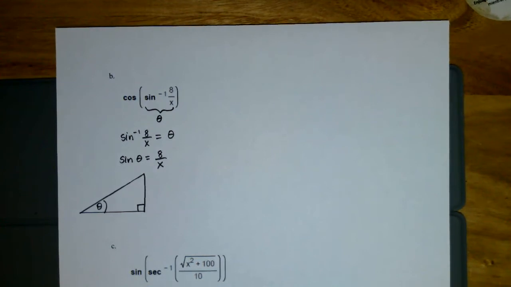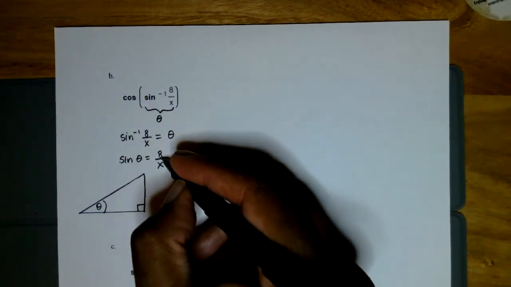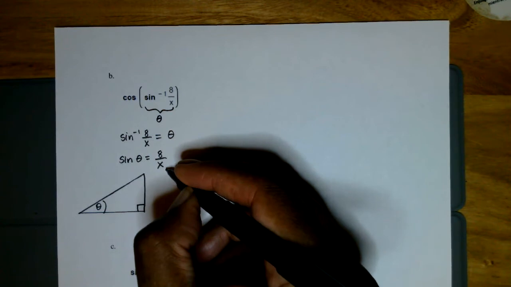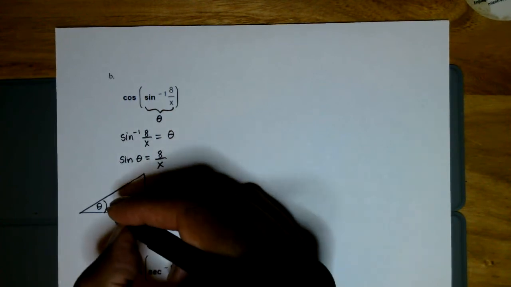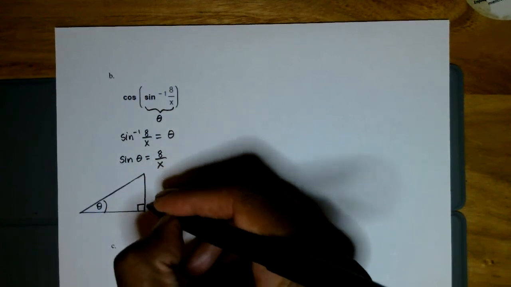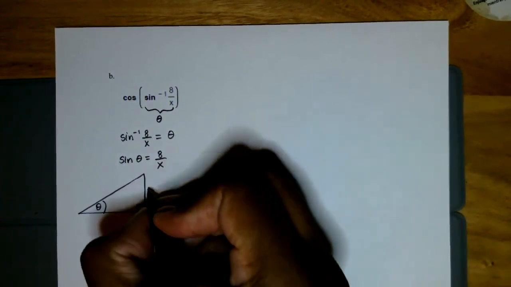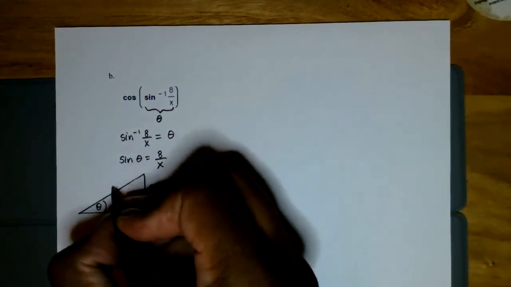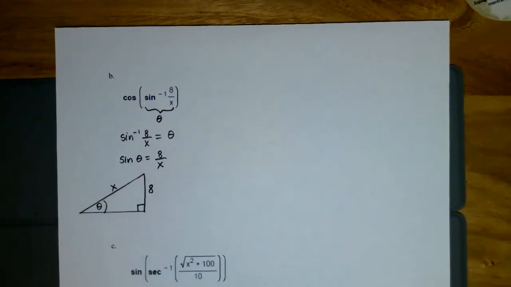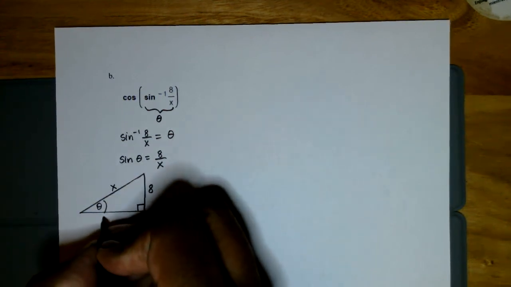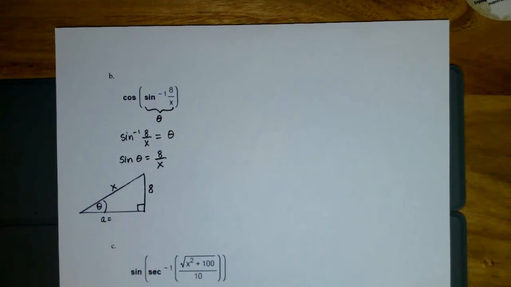Again, the sine is the opposite side of angle theta divided by its hypotenuse. So here, if this is angle theta, this is our opposite side of angle theta. That's going to be 8. The hypotenuse is x. Keep in mind, the hypotenuse is the longest side and it's always opposite the right angle. And again, a is what I'm trying to find.